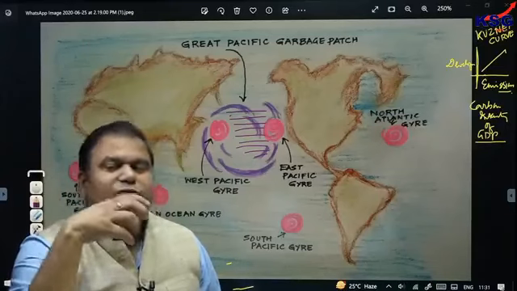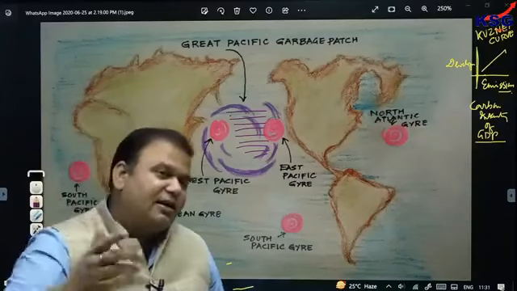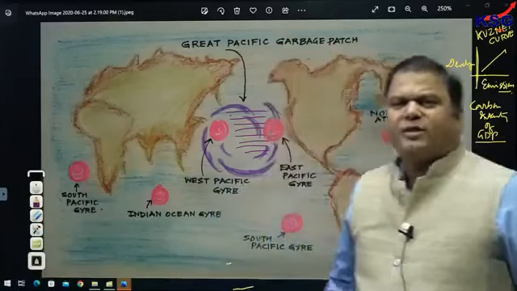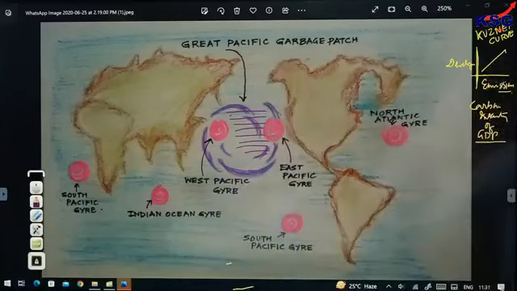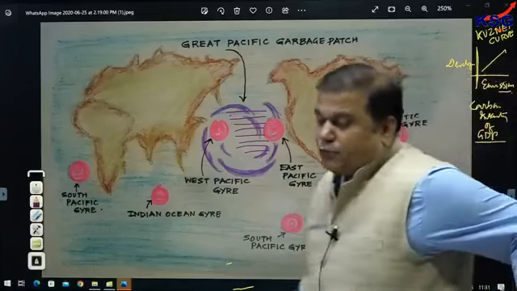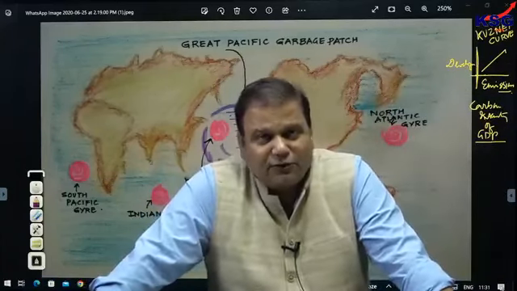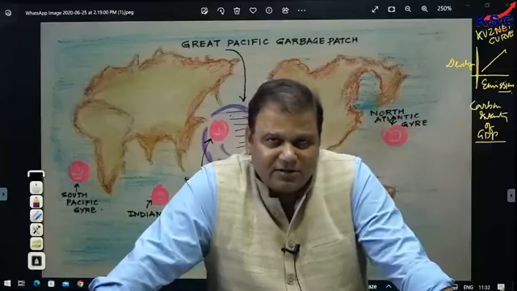But what is the source of microplastic? It cannot be said that the source of microplastic is the decomposition of macro or mesoplastic. The main source of microplastic is the consumer products that we use, for example toothpaste and facial scrubs. All these articles consist of microplastic.